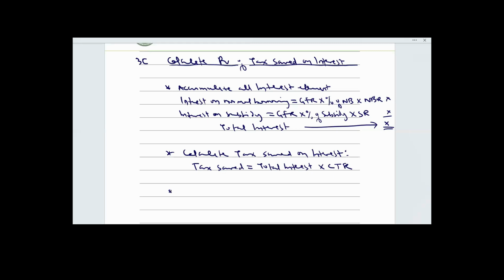Then finally, calculate the PV of tax saved on interest.